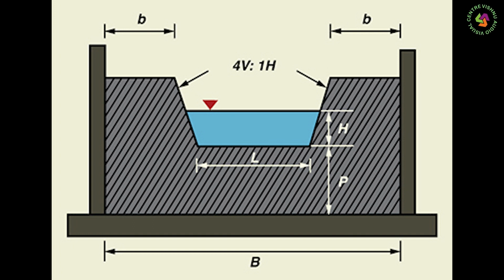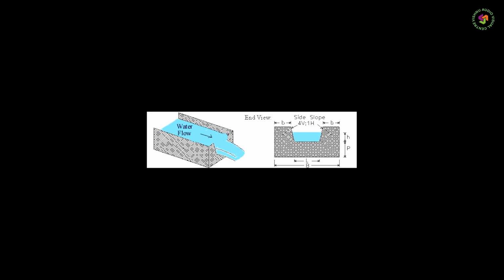In the previous class, we completed the rectangular notch, and for the rectangular notch we derived the general discharge equation. Then, considering velocity of approach, how the discharge equation modifies.